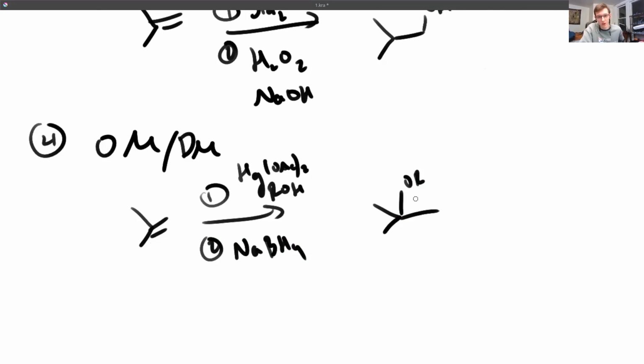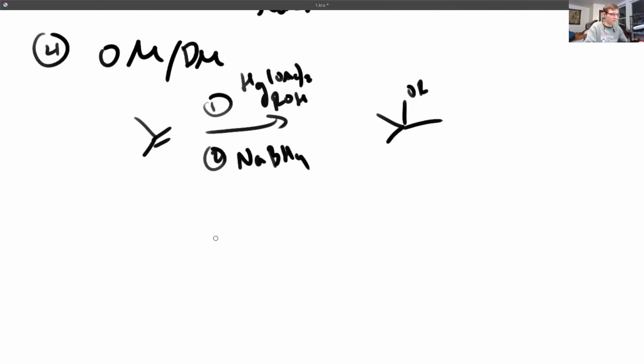So this could be an alcohol, but it could also be an ether. And this is totally worth keeping in mind because it is by far one of the easiest things to forget about. I can't tell you how many synthesis problems I've seen that have a product with something along these lines, right?